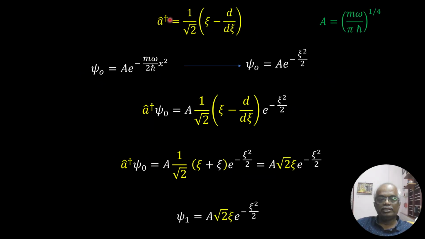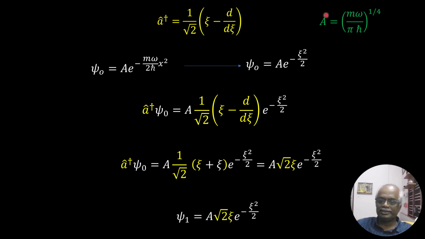Now we got this expression: the creation operator is equal to 1 over square root of 2 times (z minus d/dz). And we know that the normalization constant for the ground state wave function is (mω over πħ) to the power 1/4.